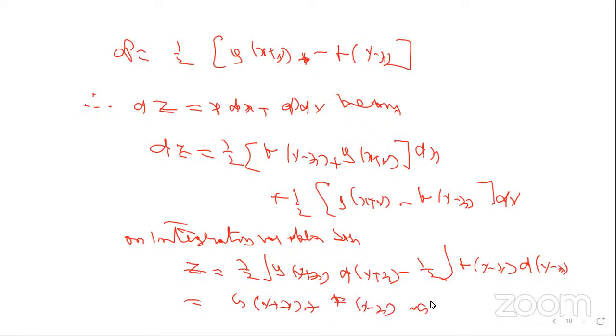This is the solution of r minus t equal to 0 equation. Hence the solution is complete. Last chapter, application of partial differential.